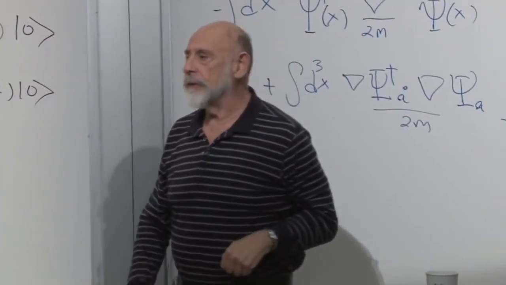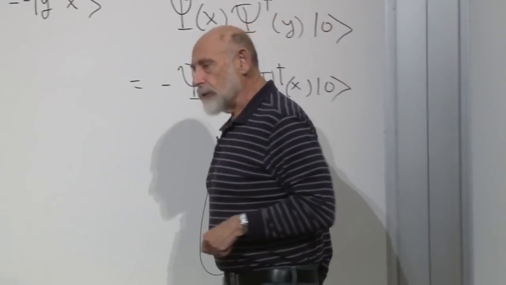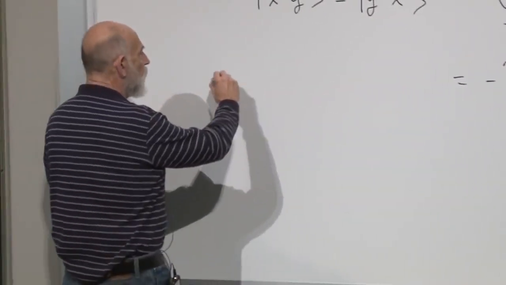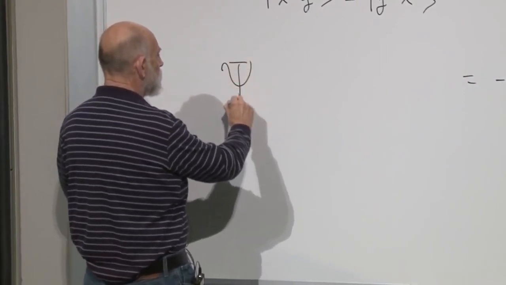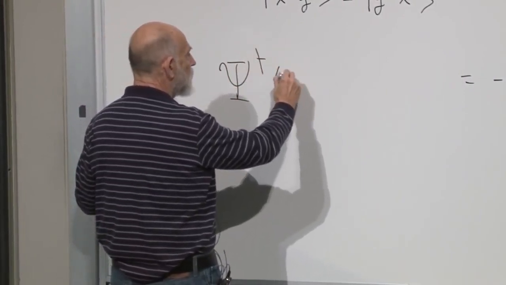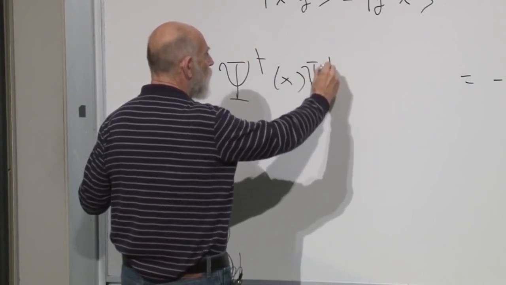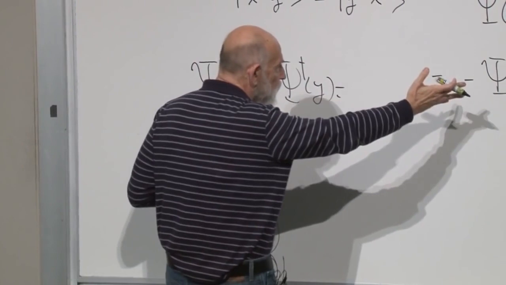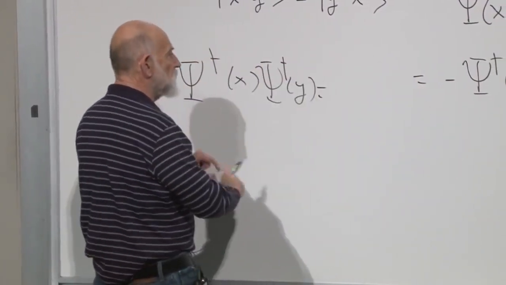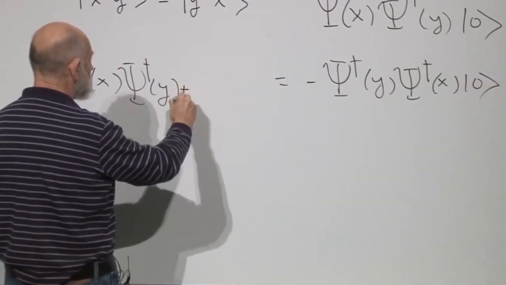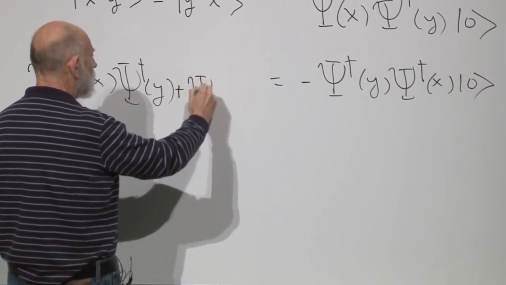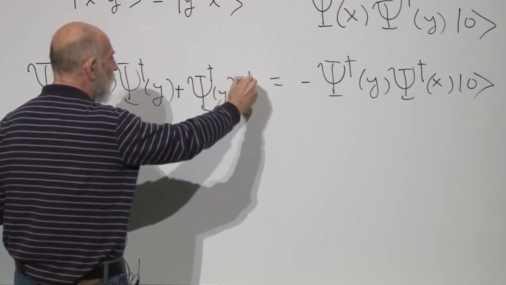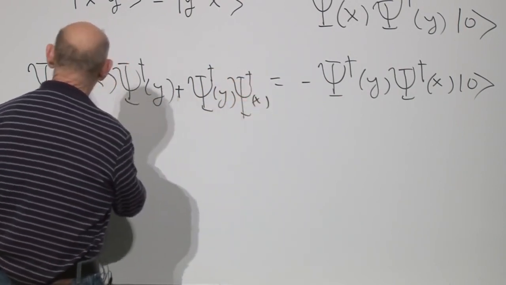And the mathematics that goes with this is just a statement that for fermions, the fields anti-commute. So let's write out what that means. It means psi dagger of x times psi dagger of y equals minus this over here, but let's shift it to the left-hand side and write that plus psi dagger of y psi dagger of x equals 0.